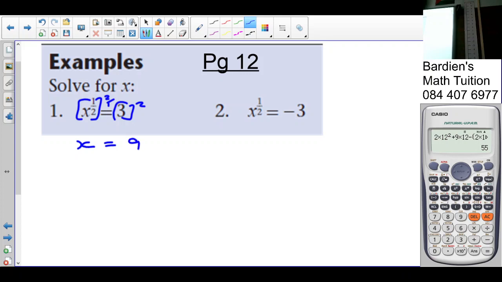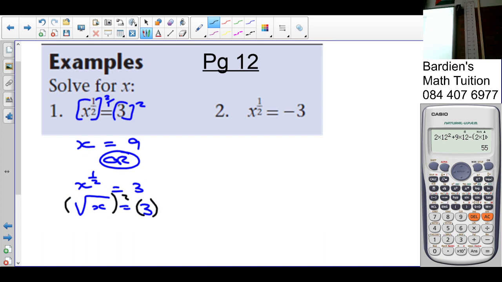Or you could have said that we have x to the half is equal to 3. This can be written as the square root of x is equal to 3. How do I get rid of the square root? Square both sides. So what do we get? x is equal to 9.